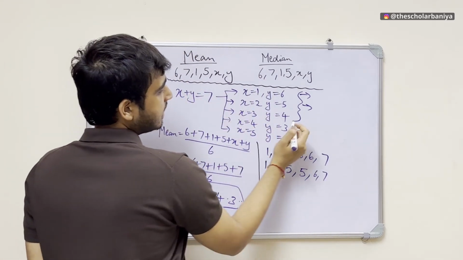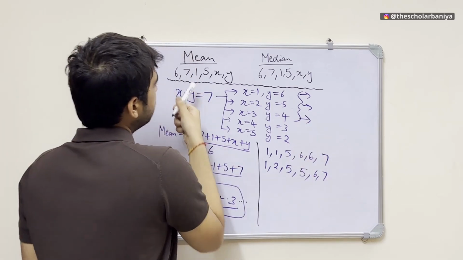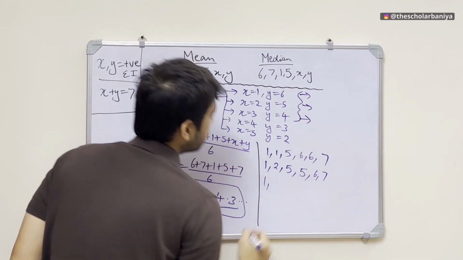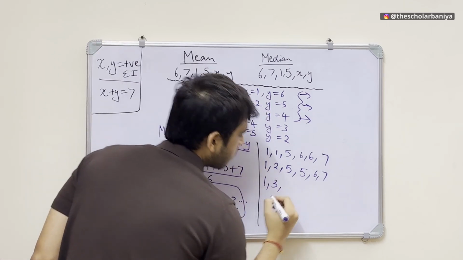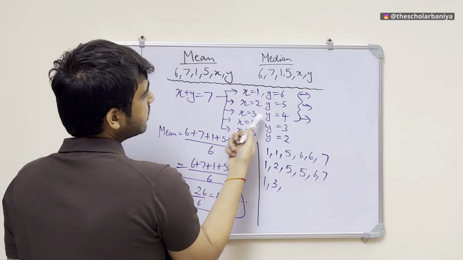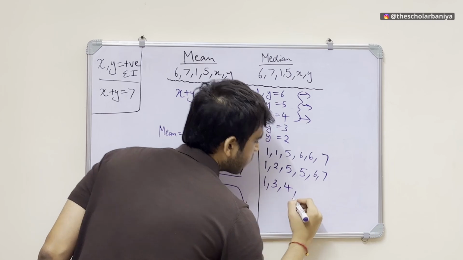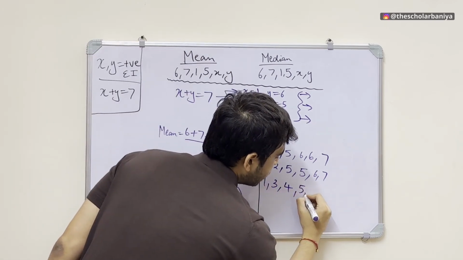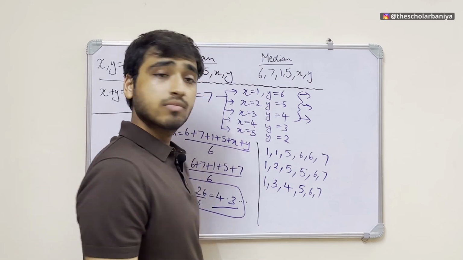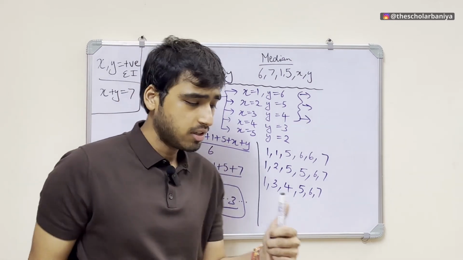Similarly, now let's take the third case. The smallest number we have is 1. The next smallest number we have is 3. The next smallest number is 4. The next is 5, then 6, then 7. Right? I hope this should be clear, no doubt over here.